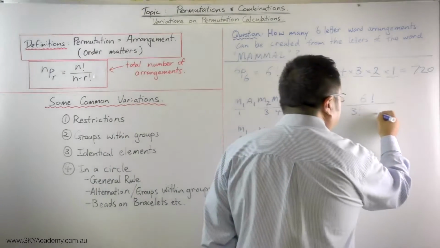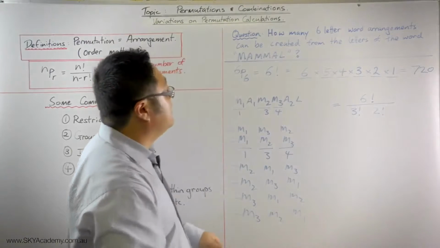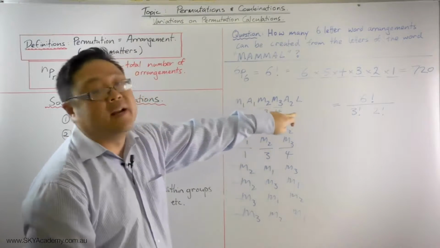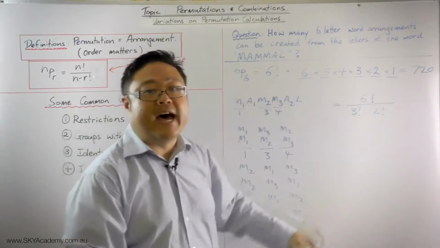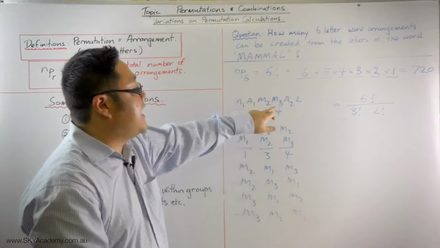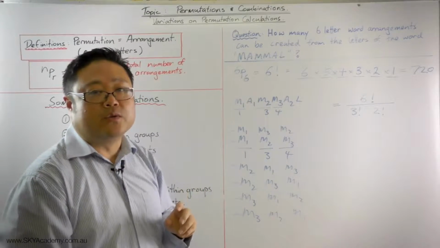And then you'd also divide by 2 factorial, because you can either have A1 and A2 or A2 and A1. They're your 2 arrangements of A, which will just be identical if you didn't have to make the distinction between A1 and A2. All right?